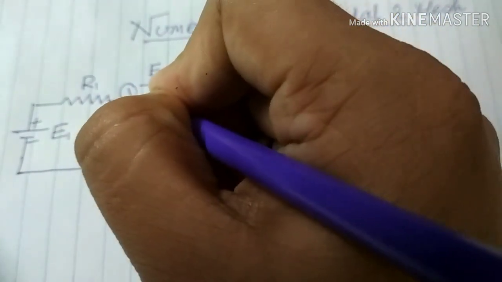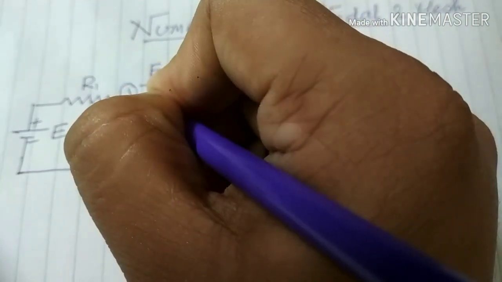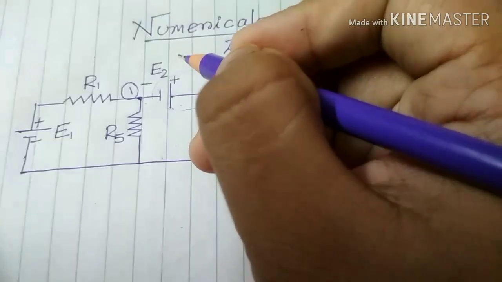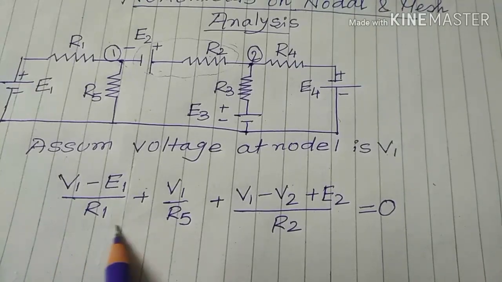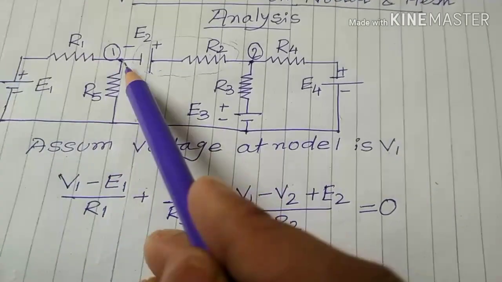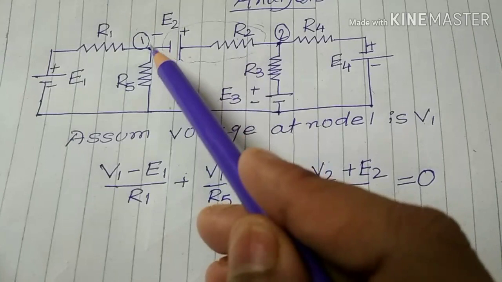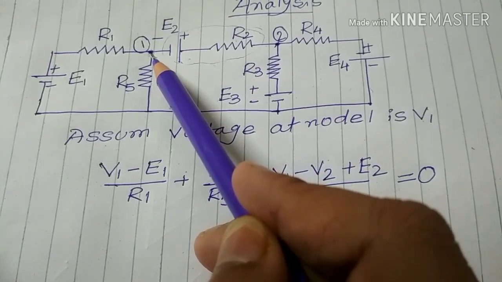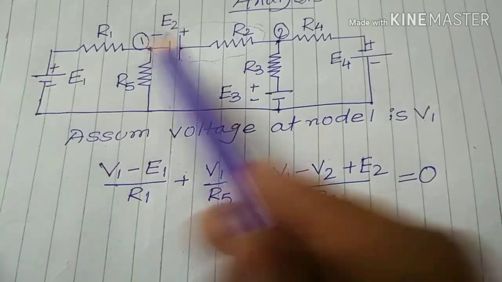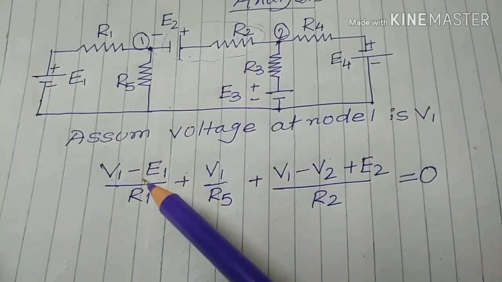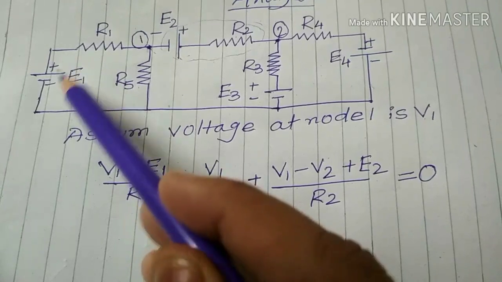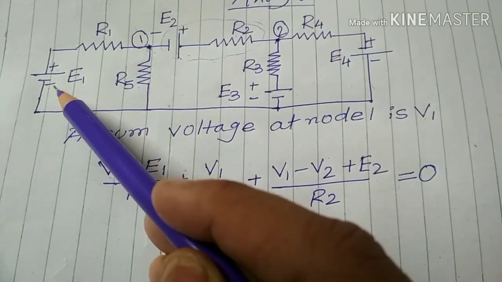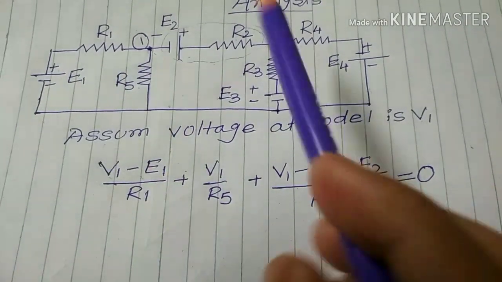So the currents at node 1 give this equation. Let's assume at node 1 the voltage is V1. In this branch the current is V1 minus E1, because the current goes plus to minus, a drop, so less is minus.